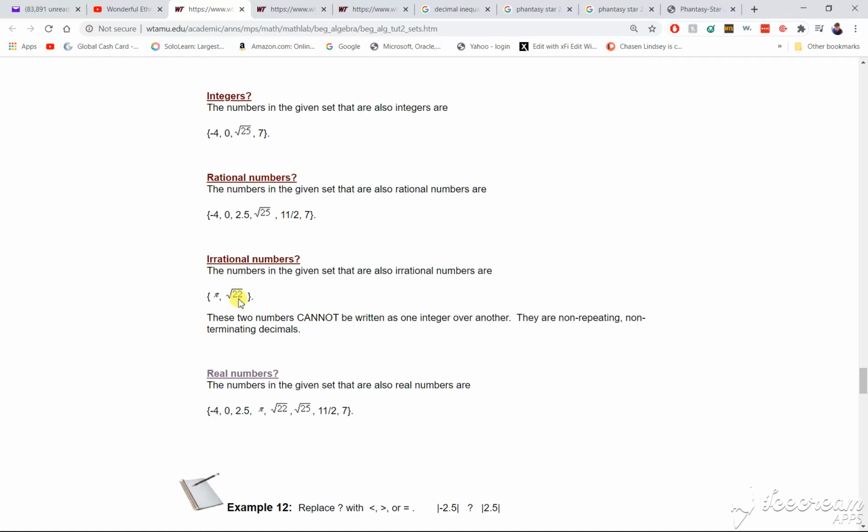And there's no number by itself that can be the square root of 22.